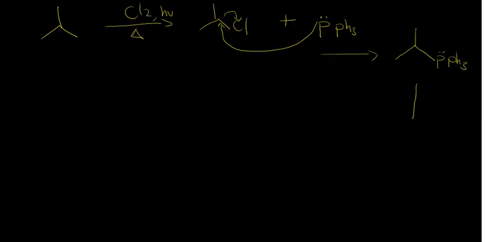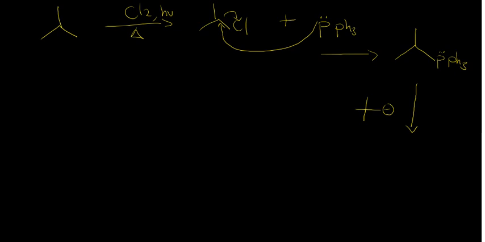Once we have this, the next step will be to react this one with a tertiary butyl, which is going to deprotonate. There is a reason why we are going to deprotonate that. So we are going to use a butyl with the negative charge there.